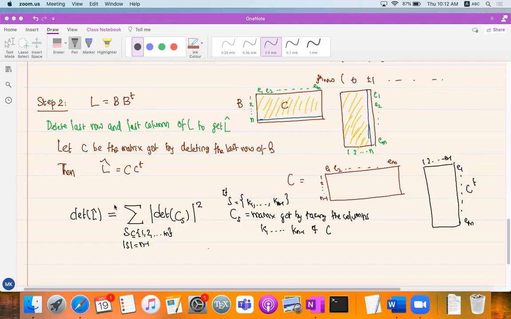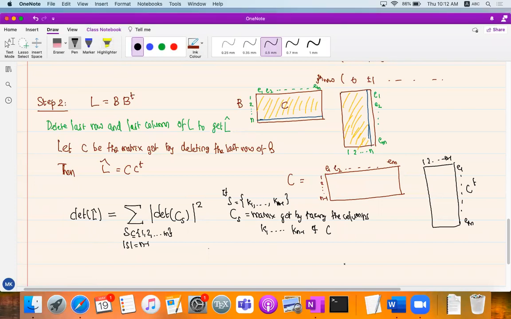So I was saying that the determinant of this is the sum of squares of these square determinants. And these determinants are got by taking any n-1 columns here and forming a square submatrix. Then take the determinant and take the sum of squares. So have you seen this formula before? What is it called? Cauchy-Binet formula.